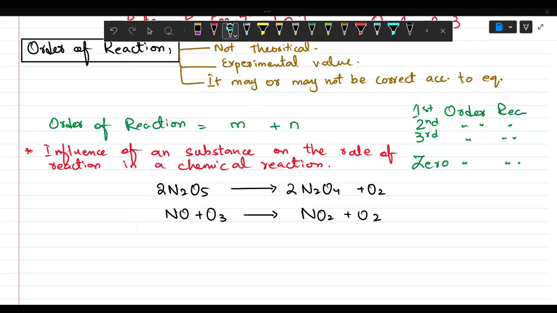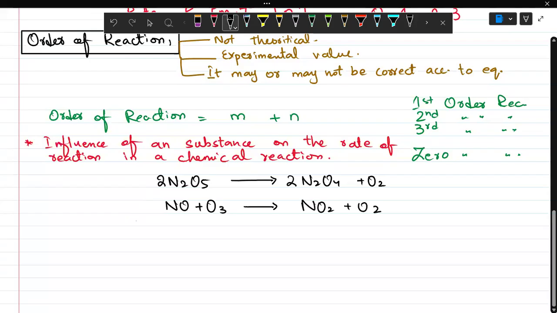NO bracket 1 and O3 bracket 1, so first order. Okay, so you are saying that the order here for this one is... you're saying it's the second order or the first order? It is the first order reaction because there's only one reactant and it has a total influence.